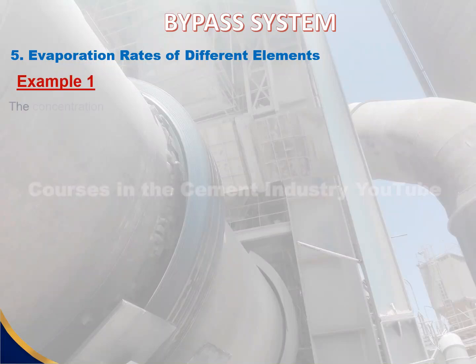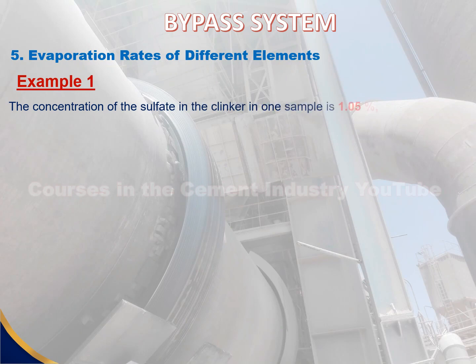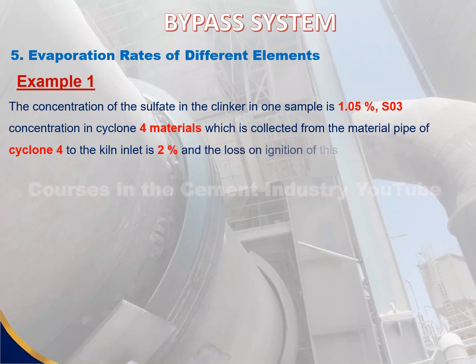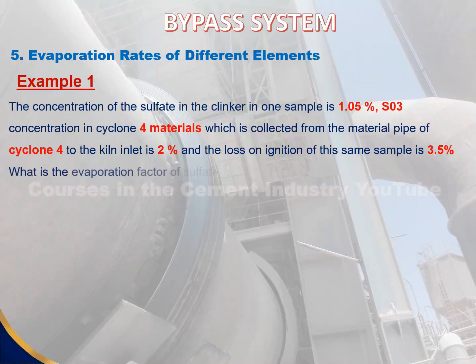Example 1. The concentration of the sulfate in the clinker in one sample is 1.05%, SO3 concentration in cyclone 4 materials, which is collected from the material pipe of cyclone 4 to the rotary kiln inlet, is 2%, and the loss on ignition of this same sample is 3.5%. What is the evaporation factor of sulfate, SO3, in this system?